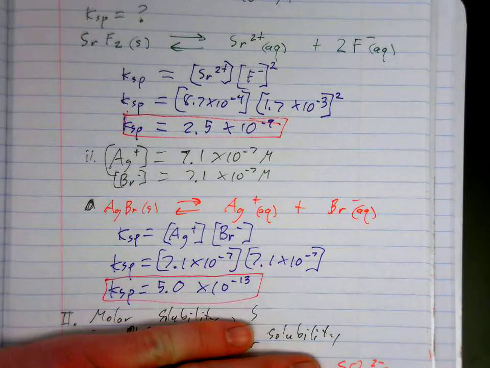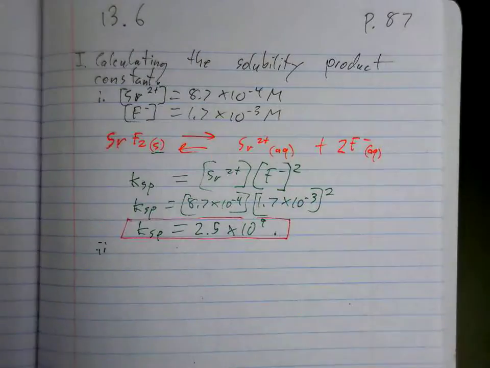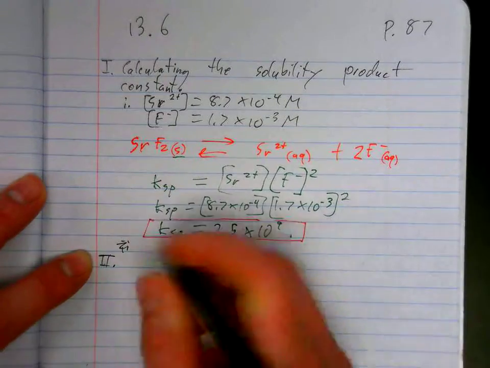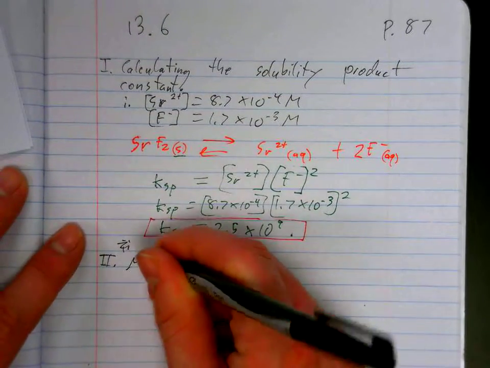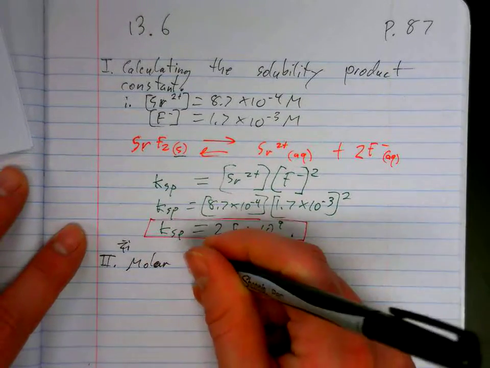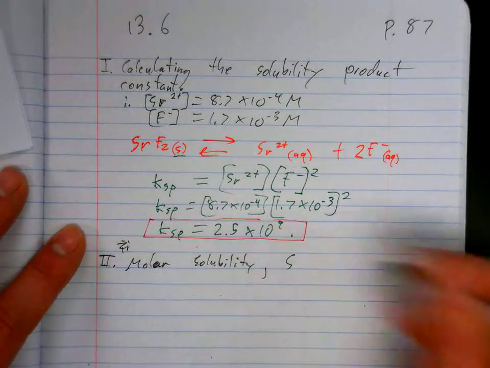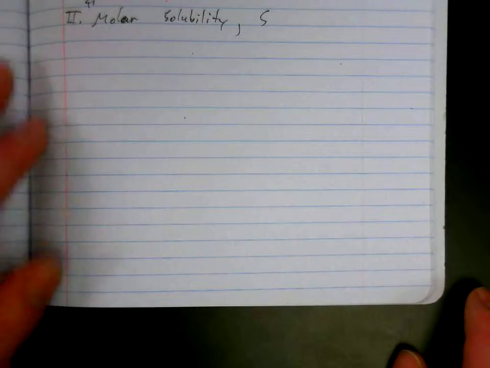The molar solubility, and we're going to use the symbol S to represent that. So the molar solubility is basically the solubility of each ion in molarity of a saturated solution.